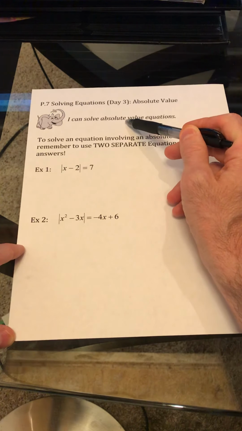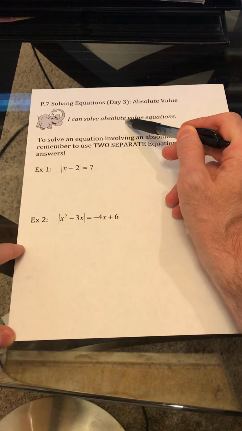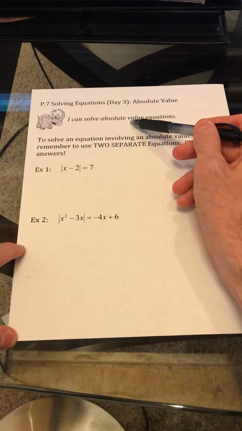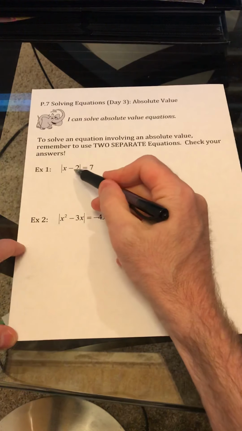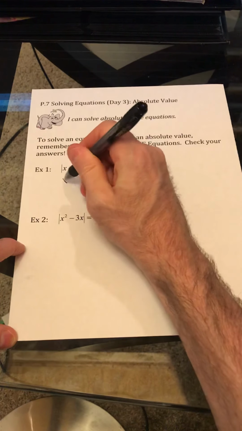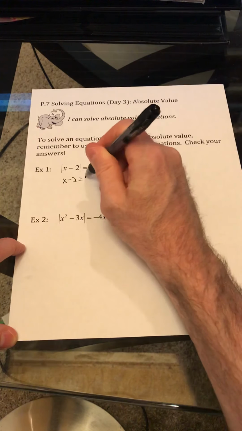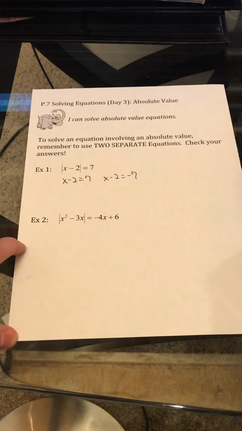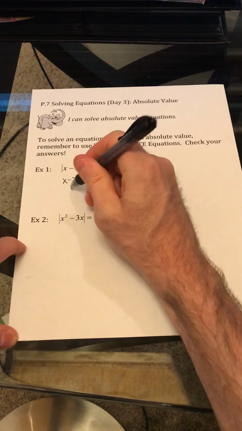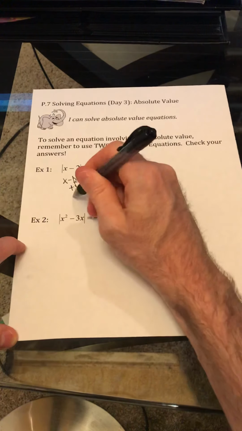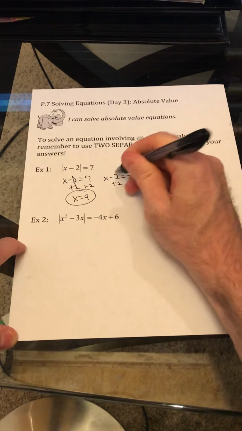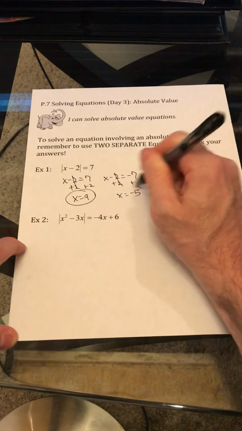I'm guessing somewhere along the way a teacher told you that absolute value represents a distance from 0. So we're going to solve both x minus 2 equals 7 and x minus 2 equals negative 7. Add the 2 for this one, the answer is x is 9. Add the 2 for this one, the other answer is negative 5.